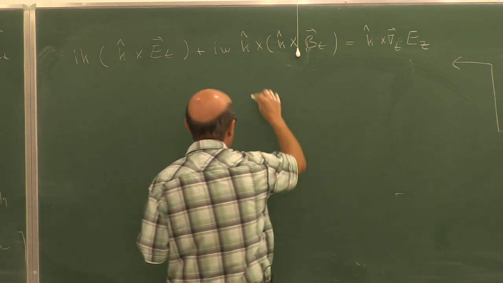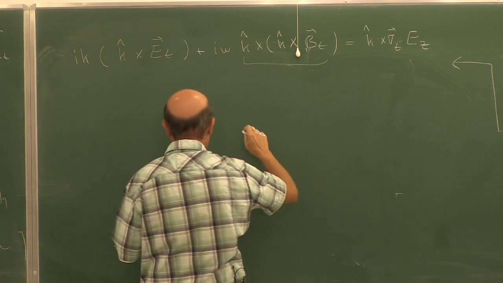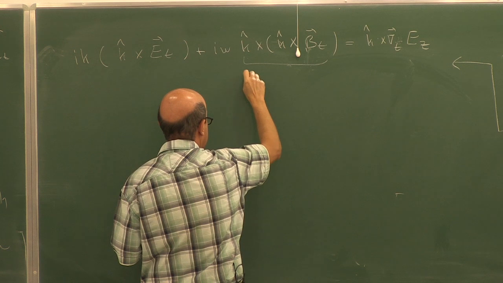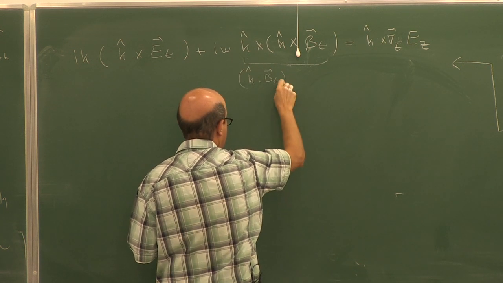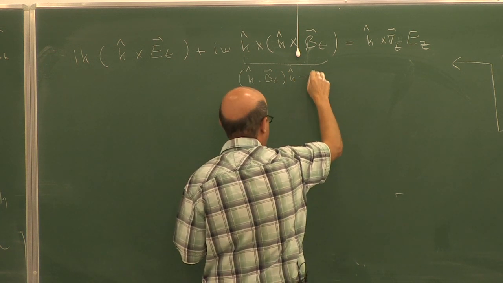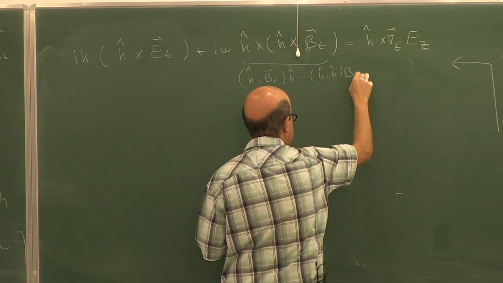What is the middle term? A cross B cross C. What is this? That is equal to k dot B transverse along k minus k dot k along B transverse.